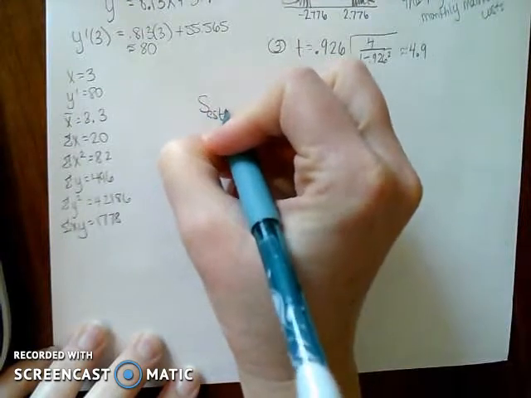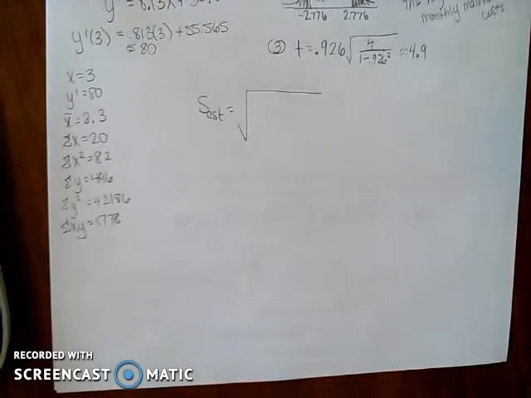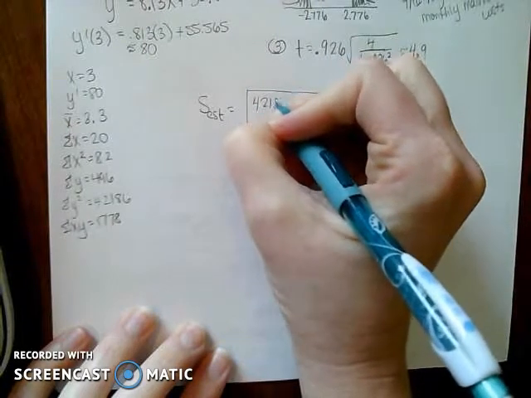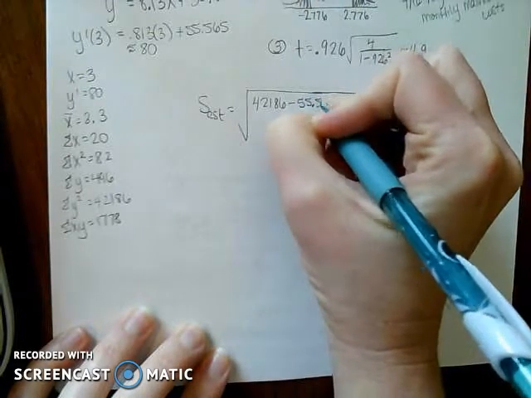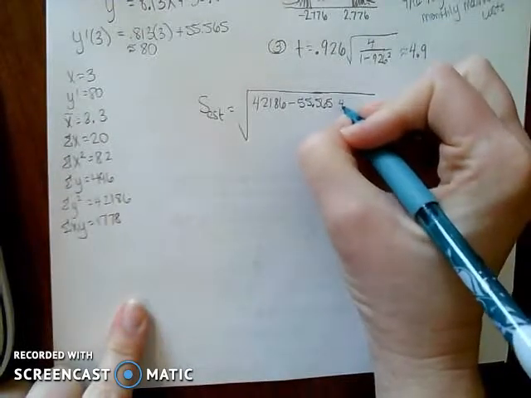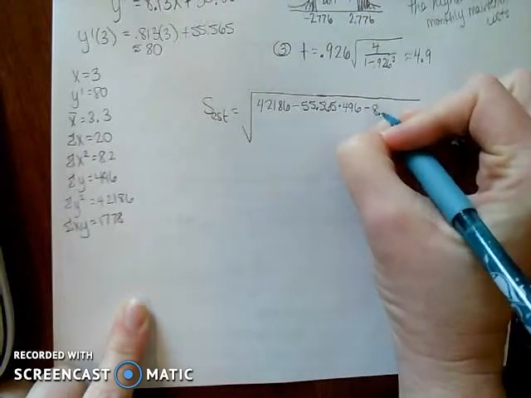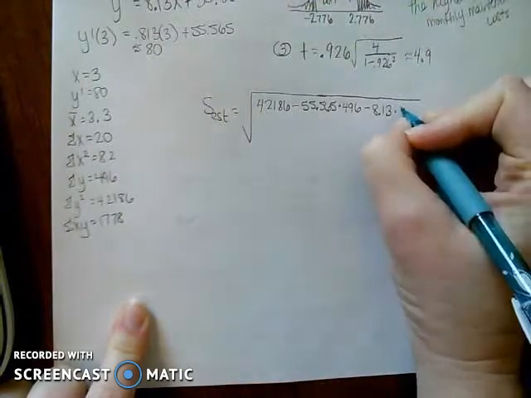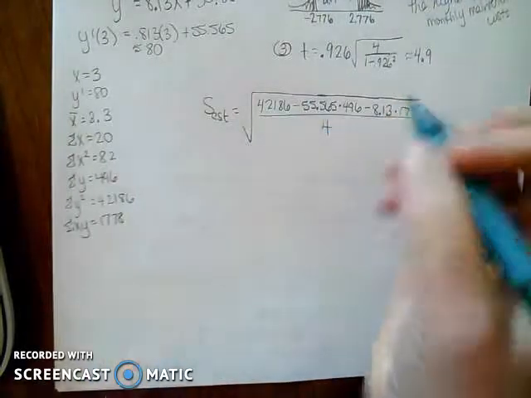So standard error of the estimate is going to be the square root of the sum of y squared, 42186, minus b, 55.565, times the sum of y, which is 496, minus a, which is 8.13, times the sum of xy, which was 1778, all over 4.